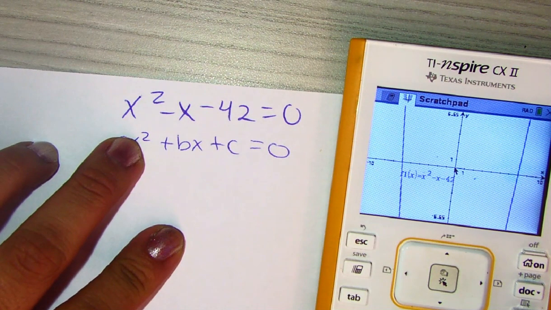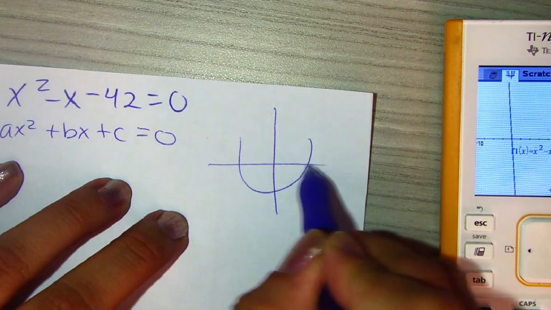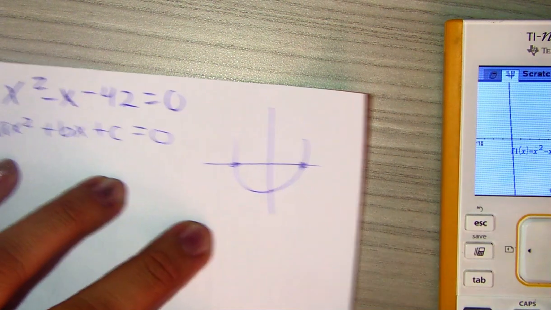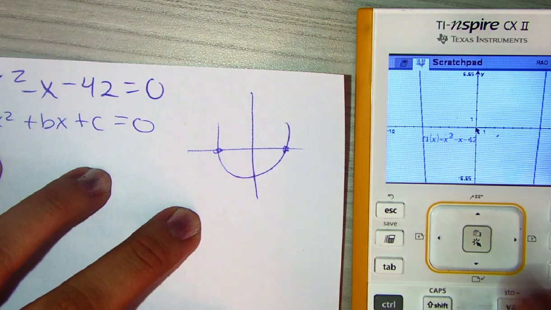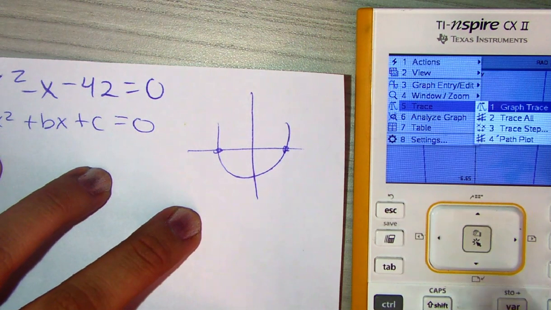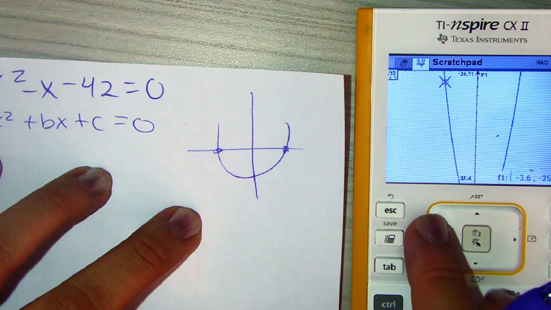And it shows automatically that it is touching in two sections, a positive and a negative. So you have to make sure you answer the negative answer because that's what they're asking. So we're going to go ahead and trace and see where those are.